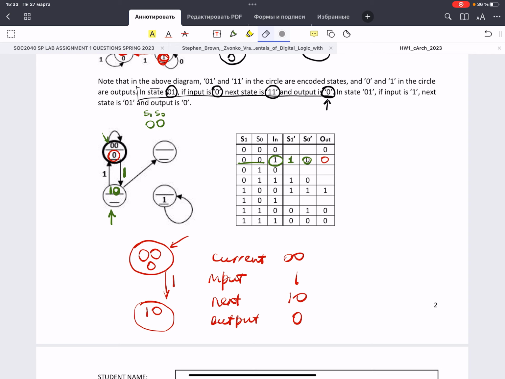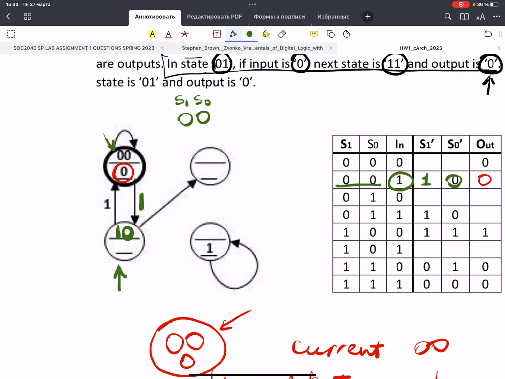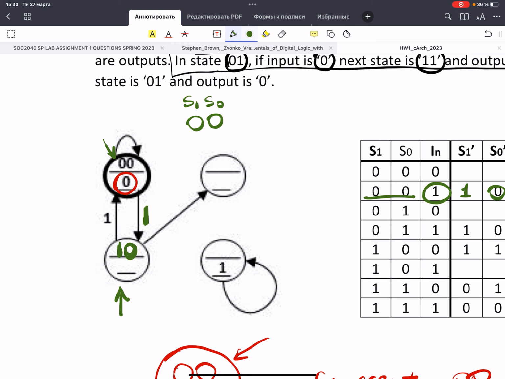It's pretty logical. I've already explained that one state has only one next state for a particular input. This state already has the next state for input 1. Now here we have this arrow.